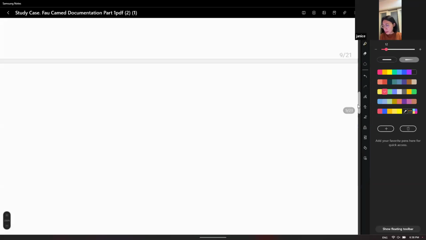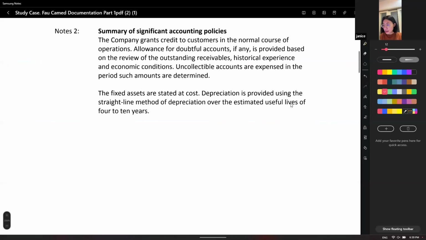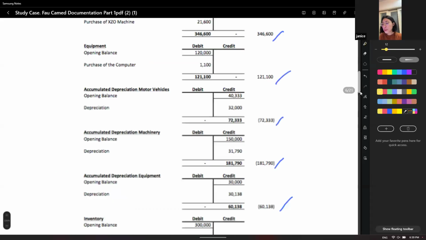What's the rule? Let me double check again. The fixed asset is useful life of 4 to 10 years, right? We need to make sure that it's 4 to 10 years and it's the straight line method. So we need to make sure that the client is really following their disclosure.